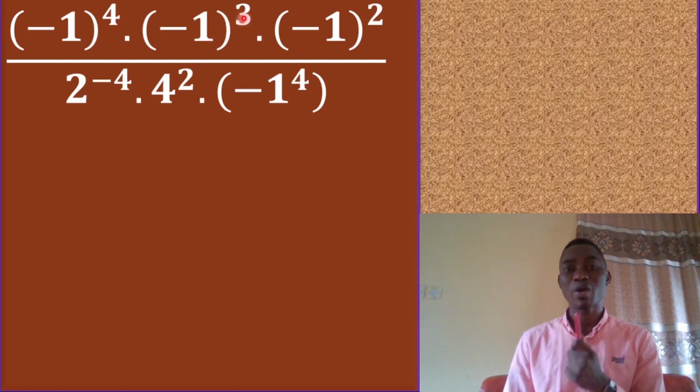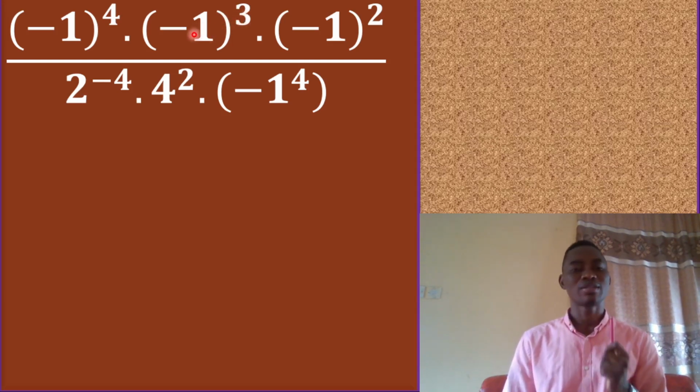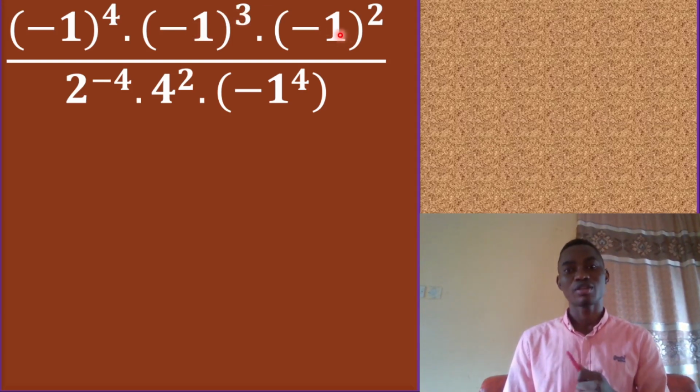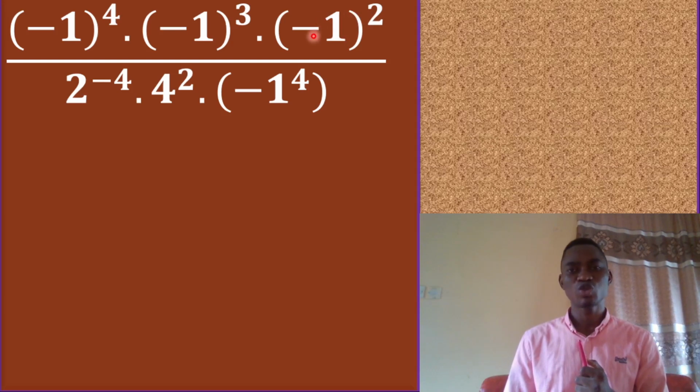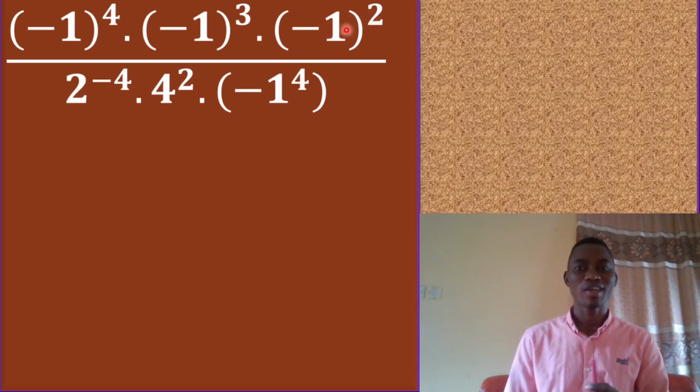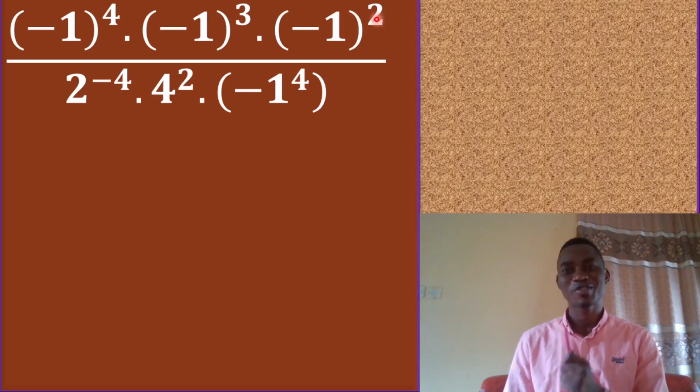Why? The power is odd, and a negative number is enclosed in a bracket. Is that clear? Then our answer here should be positive. We should be expecting a positive result here. Why? We have an even power.